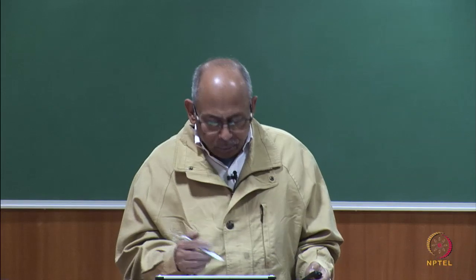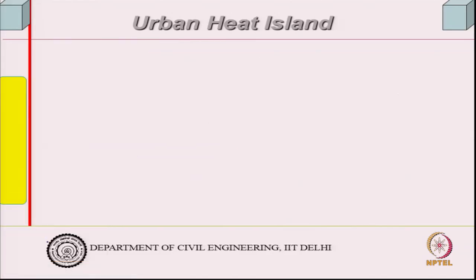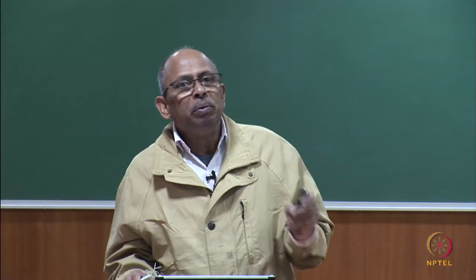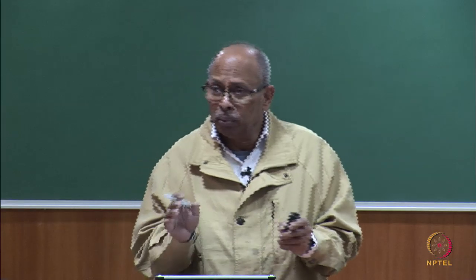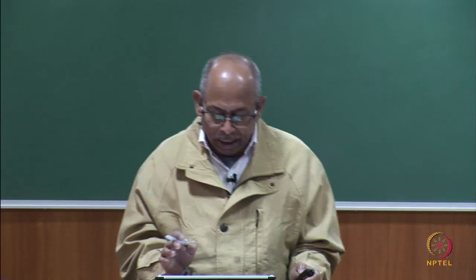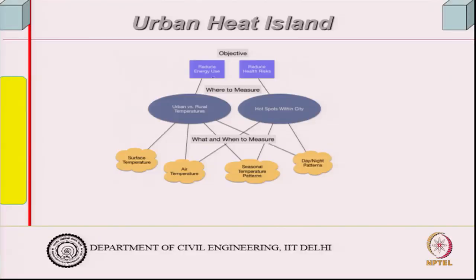So, therefore, we should look into some sort of reduction from the overall urban point of view. From the individual building point of view, we have looked into energy consumption and so on, although we did not look into modeling, but we have looked into some ideas related to that. So, basically the objective is to reduce energy use, reduce health risk, of course.